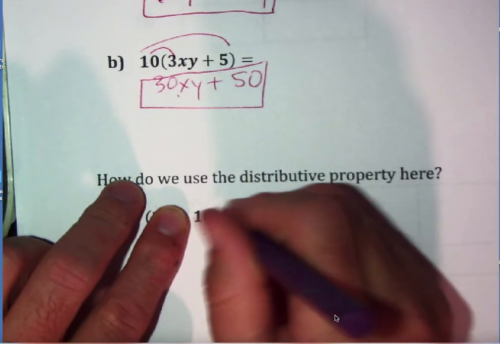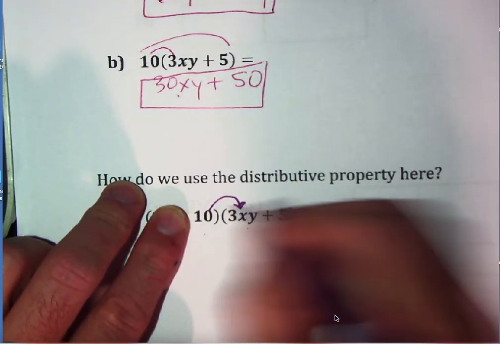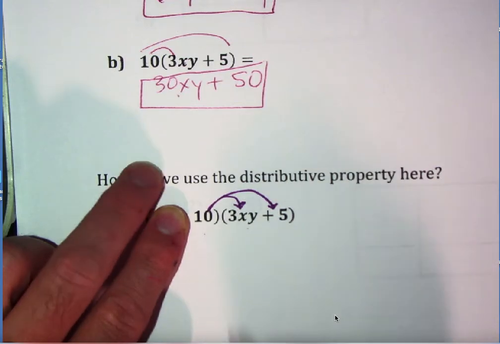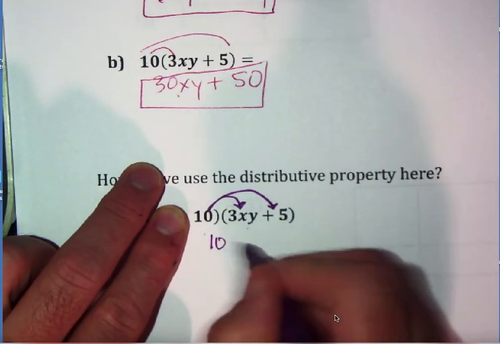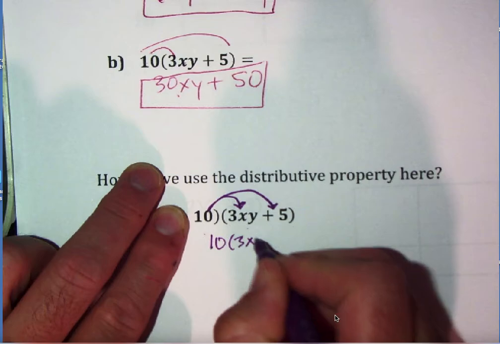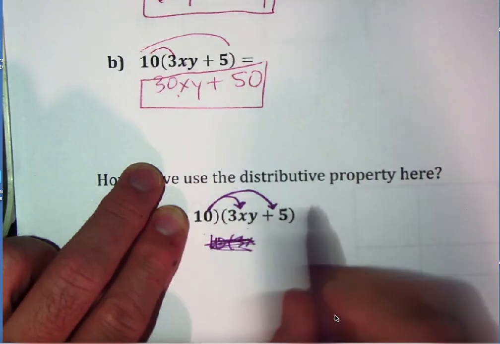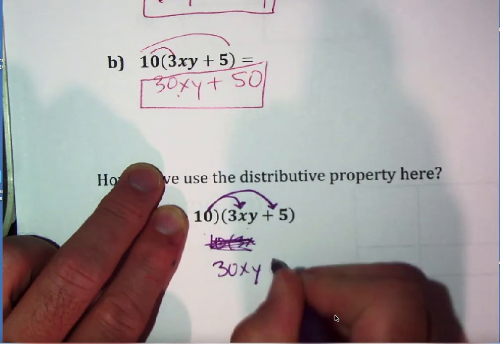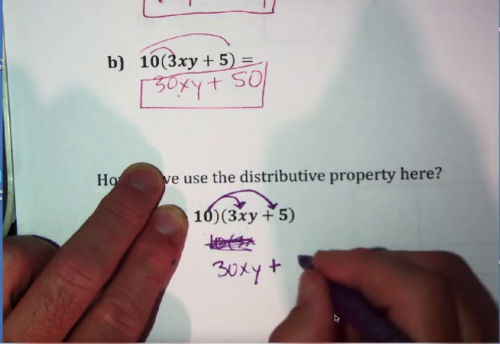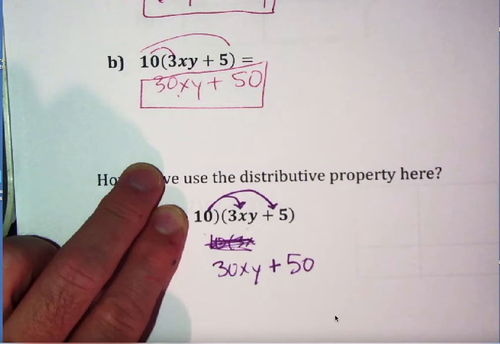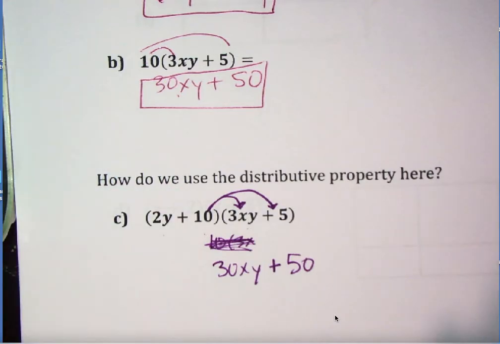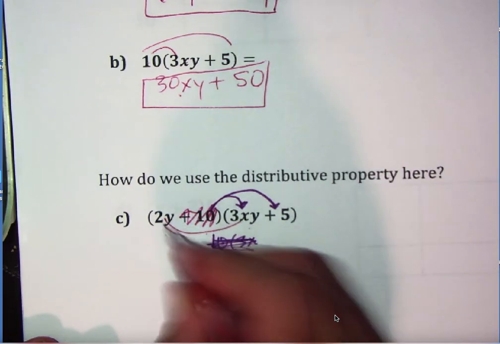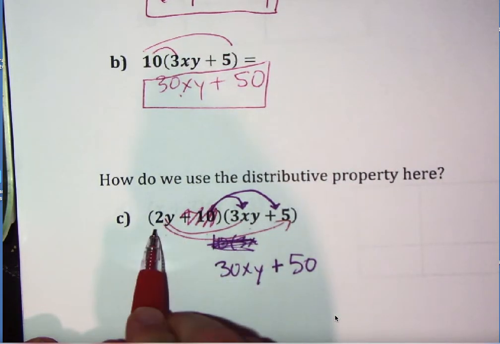So we're going to first distribute the 10 to both numbers. 10 times 3xy, which we're just going to skip because we already know what it is. 10 times 3xy is 30xy plus 10 times 5 is 50. Okay, but this is a fancy way of saying do it to this one as well.